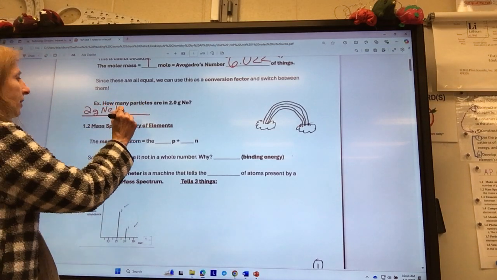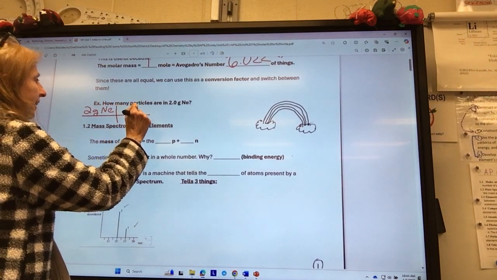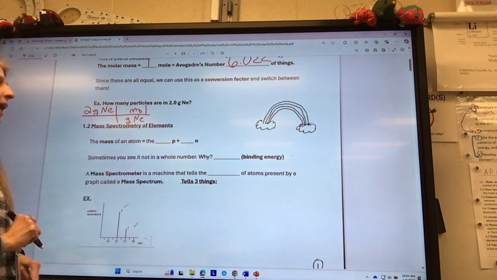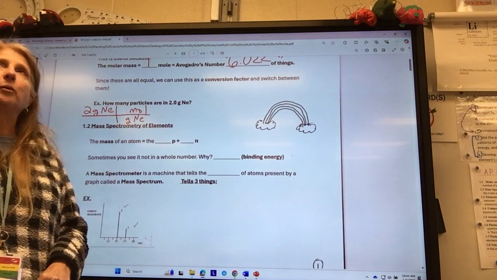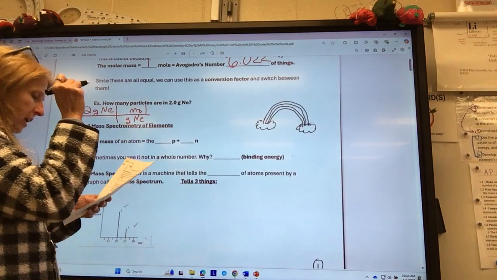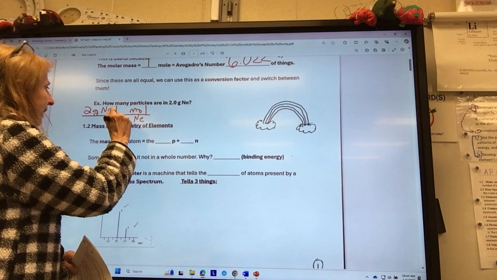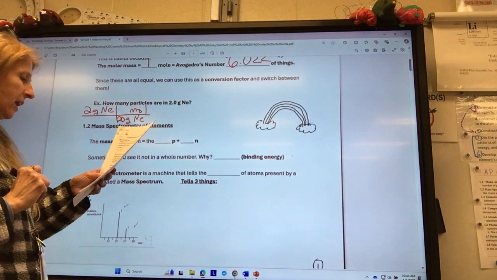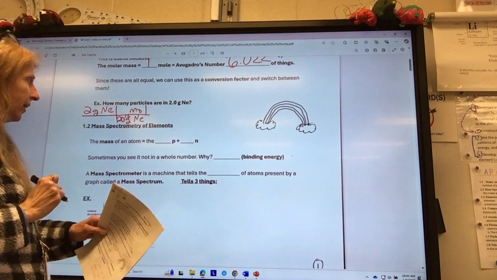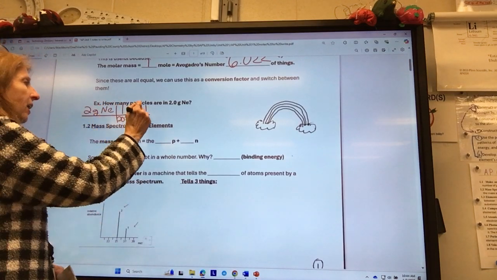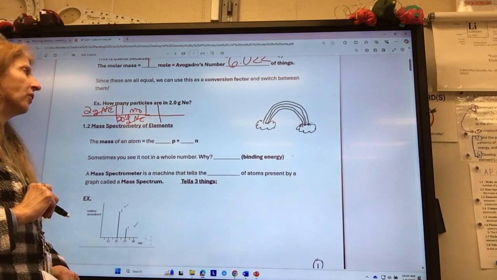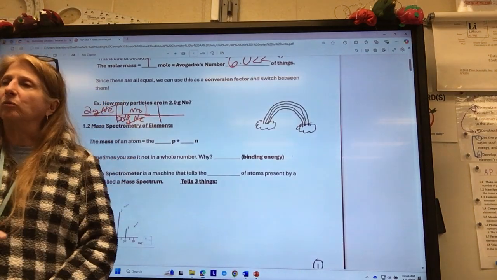So I want grams of neon in the denominator, and I want to change that to mole, and how you change grams to mole is through the molar mass, and the molar mass of neon is 20 grams of neon, and I actually put 20.18, so I'm going to cram a little 18 in there, per 1 mole of neon. Now my grams of neon cancel out, so that's nice, but I still don't have what I want.